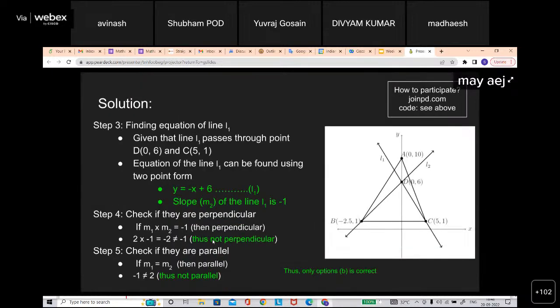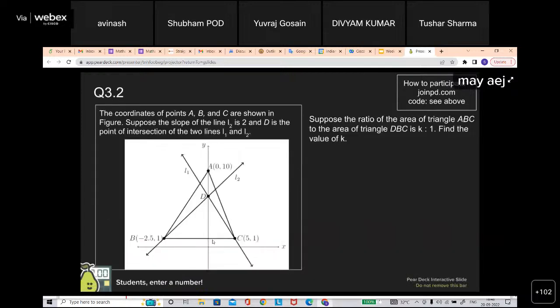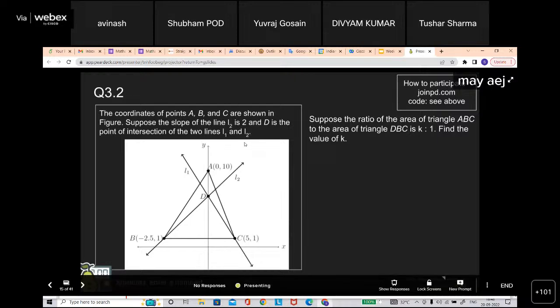So I hope all of you got the idea how to solve this one. If you have doubt, you can stop me. Let's move to the next question. This is totally based on this question, but very interesting. The coordinates of A, B, C are shown in the figure as in the previous one, and the slope of L2 is the same as given previously.